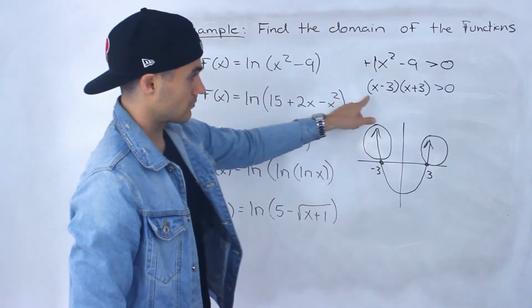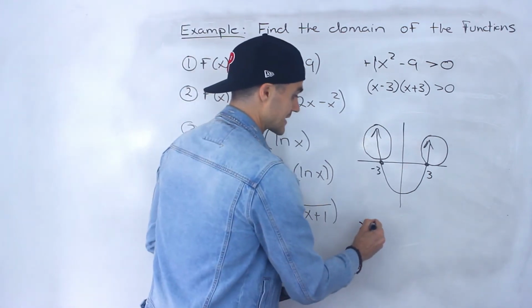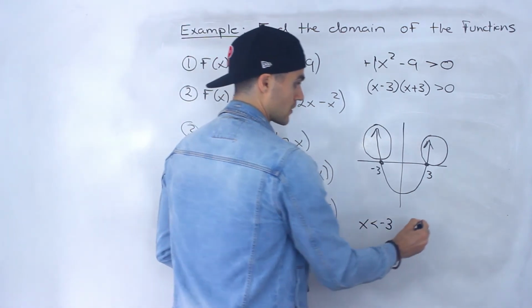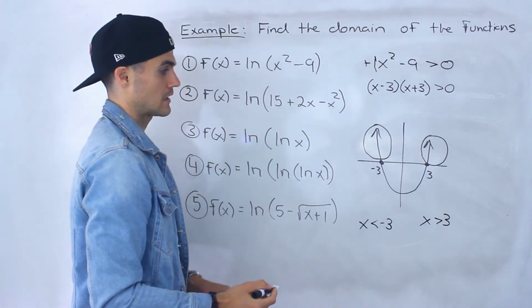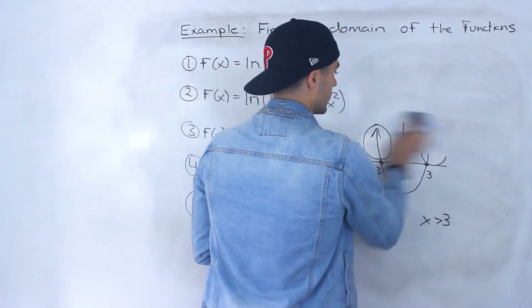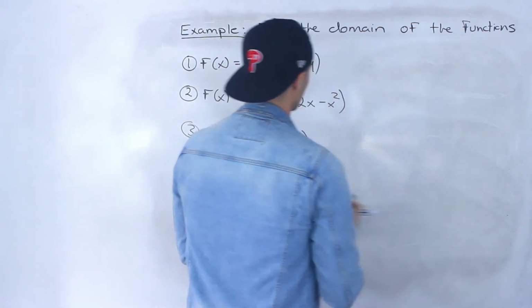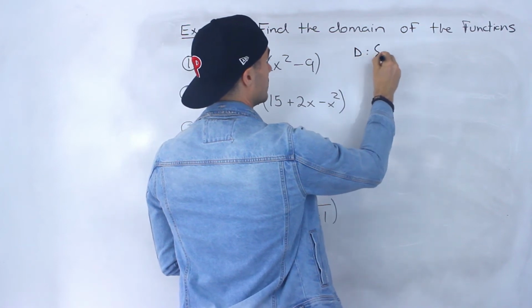So this quadratic is going to be greater than 0 when x is less than -3 and when x is greater than 3. And so that's going to be the domain for f of x. So if we rewrite that in a nicer format, we'll have the domain.